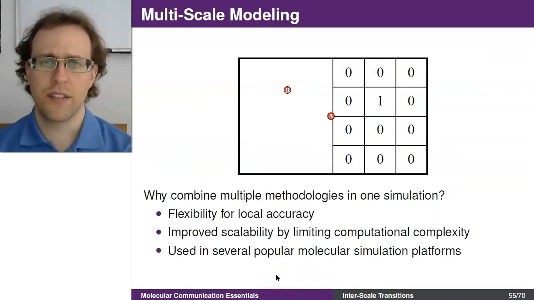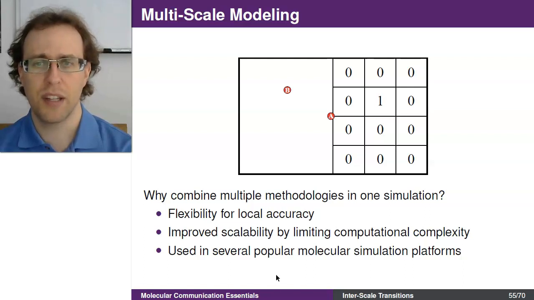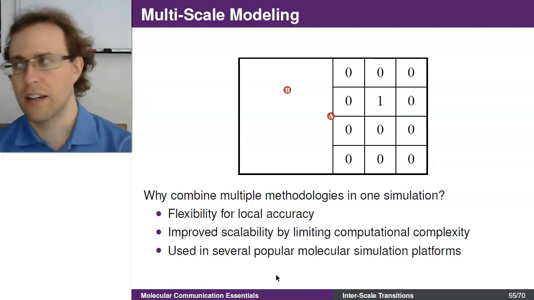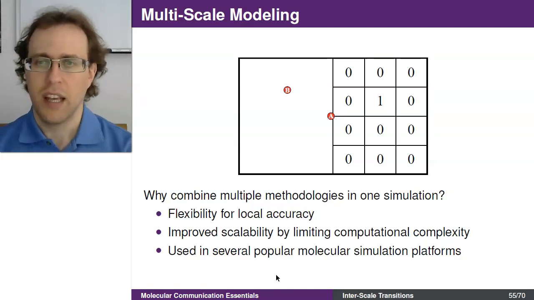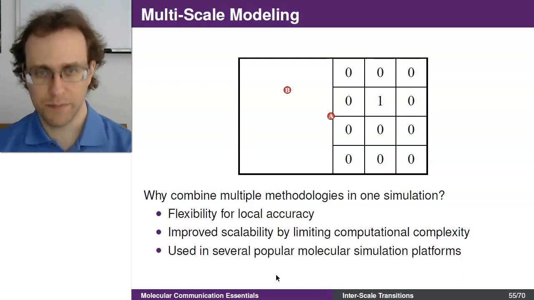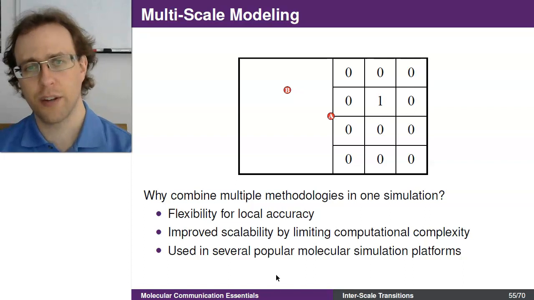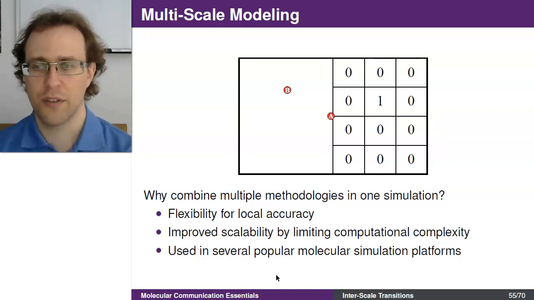An interesting idea is the notion of multi-scale modeling. It's possible to combine these approaches. This can give us some flexibility. So if you are really interested in being really accurate in one particular subset of your environment, you can use a simulation approach that's more accurate spatially within the region of interest, and then use less accurate approaches further away from your region of interest.